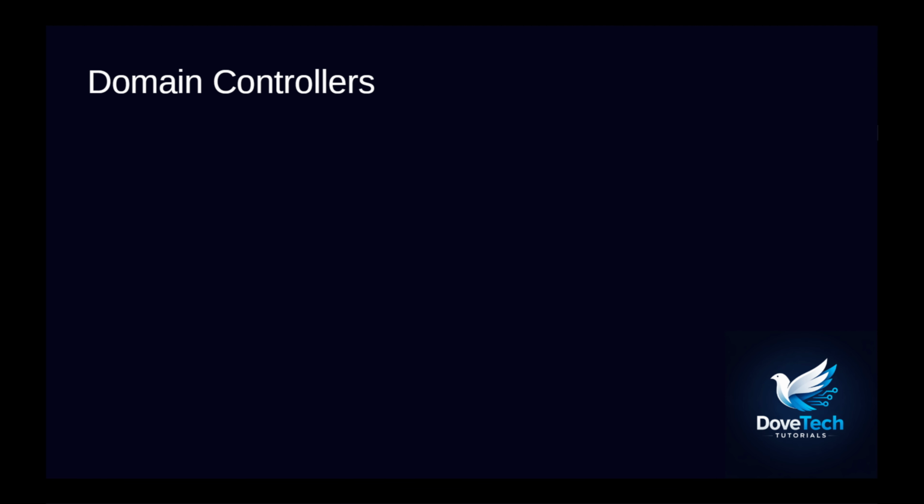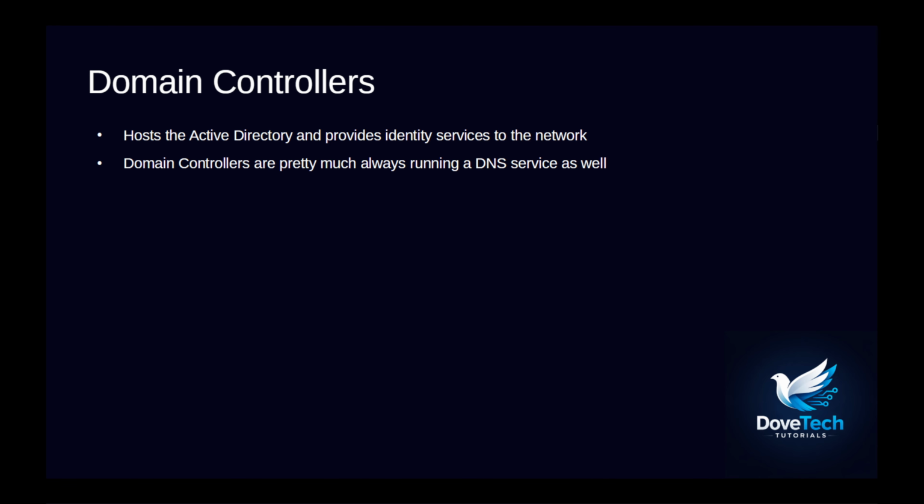A domain controller is the server that hosts the Active Directory database and provides identity services to everything on the network. When a user logs in, a domain controller authenticates them. When a computer joins the domain, a domain controller processes that request. When a client needs to find a file server or printer, it queries a domain controller's DNS.